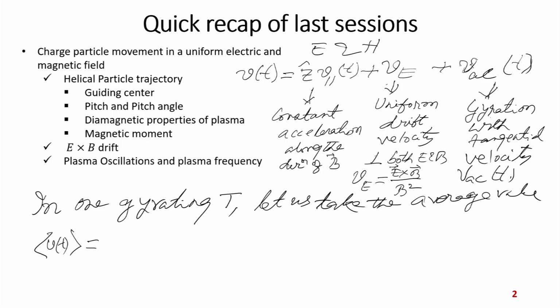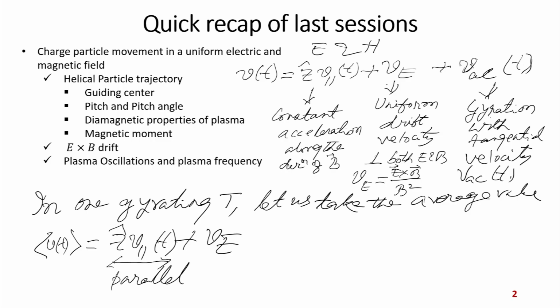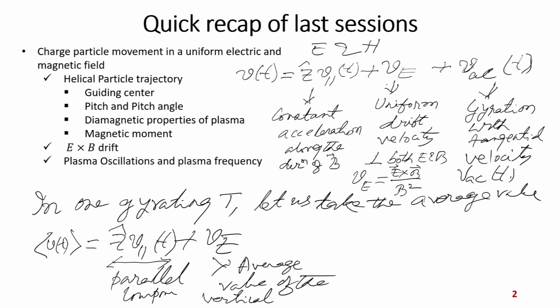In that case, if I take the average value, this will be 0. So, in that case I can write this as the average value of the parallel component, and this is the average value of the vertical or perpendicular component.